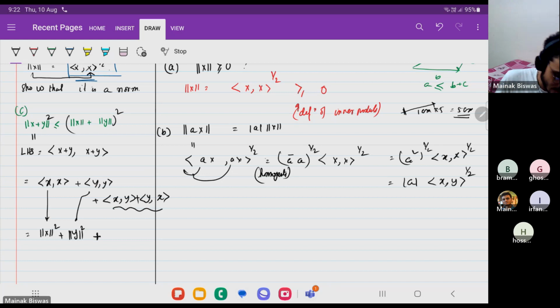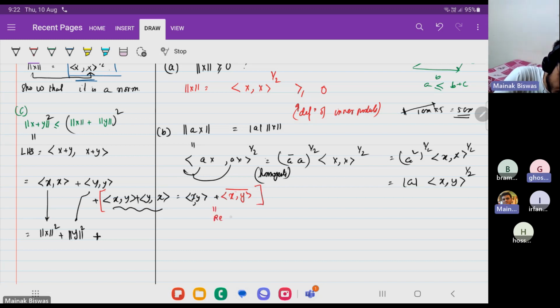So it's xy plus xx plus yy plus yx, but that will become lengthy. So xy plus xy complement, can I write? Yes. So this is what?